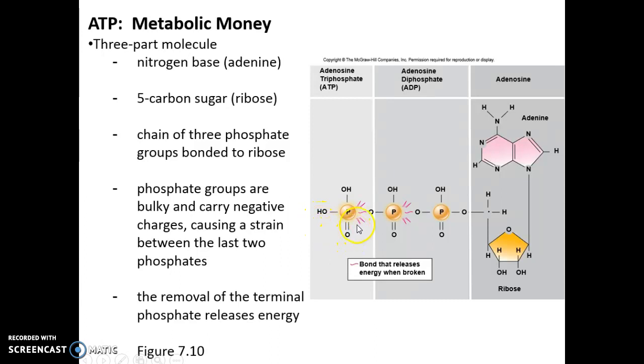So adenosine triphosphate has more energy than adenosine diphosphate simply because the connection between the third and the second phosphate group stores more energy than the energy stored between the second and the first phosphate group. So adenosine diphosphate is also a form of energy, but it's just not as powerful as adenosine triphosphate.